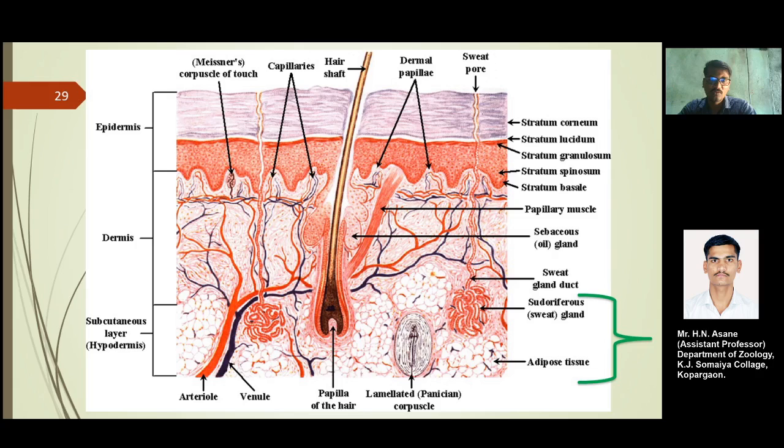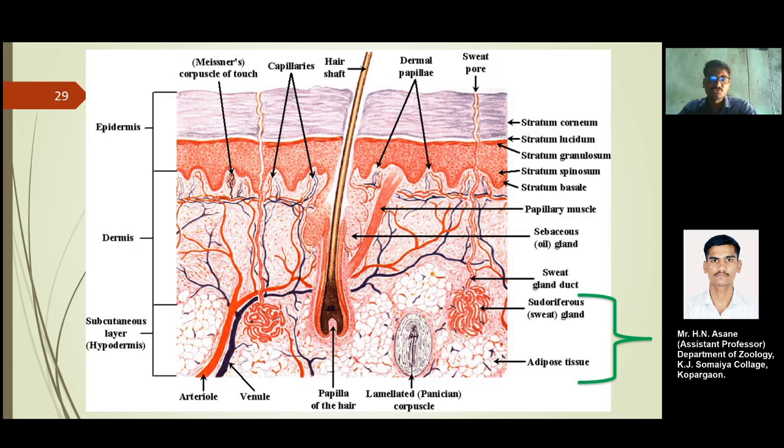to maintain the thermoregulation mechanism. As you can see, the papilla of the hair, the hair shaft or the hair root, is present in the subcutaneous layer. The second part is the lamellated corpuscle, the Pacinian corpuscle, present in the adipose tissue, and these are all bigger structures.